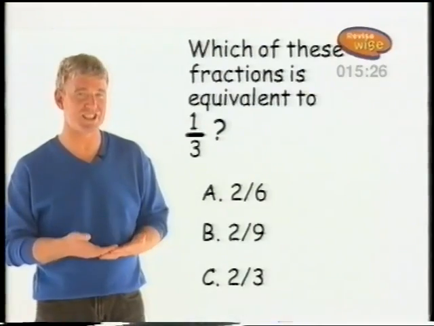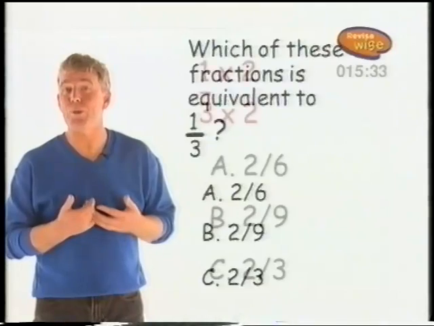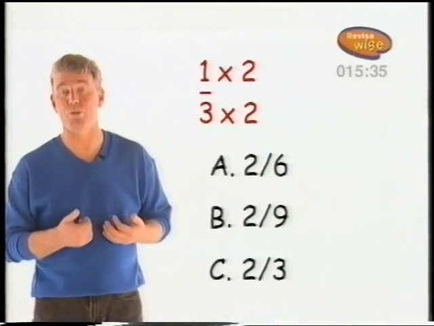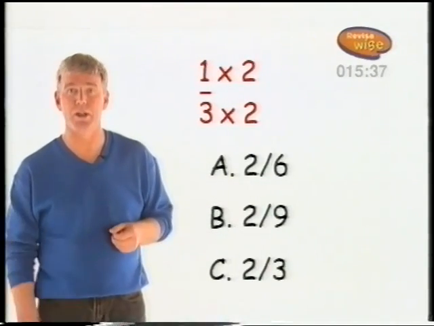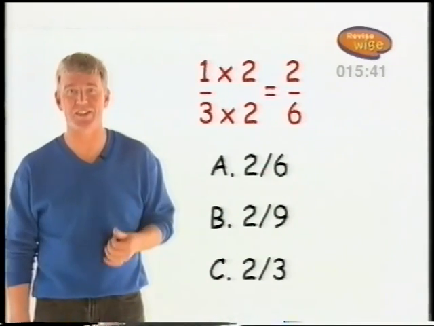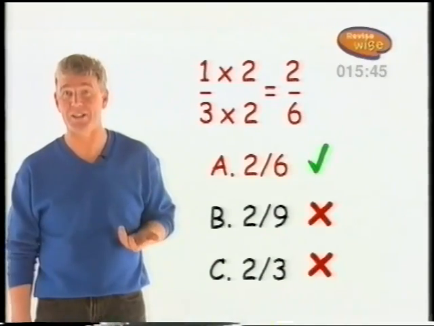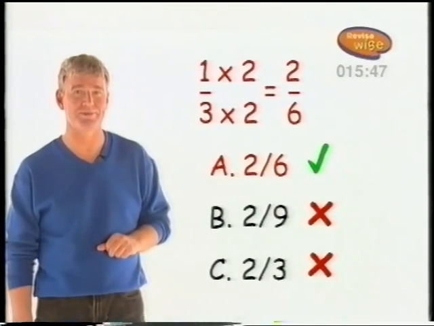What's your answer this time? If we multiply top and bottom of 1/3 by 2, we get 2/6. So 2/6 is an equivalent fraction to 1/3. So A is the right answer.